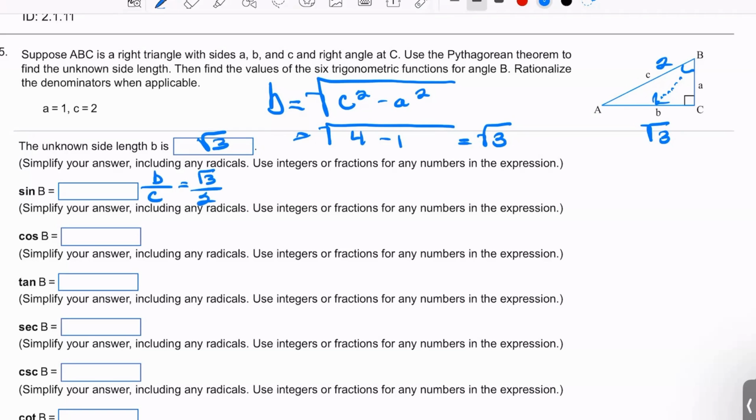And I forgot to write the square root of 3 and the unknown side. And then you just fill the rest of them in accordingly.